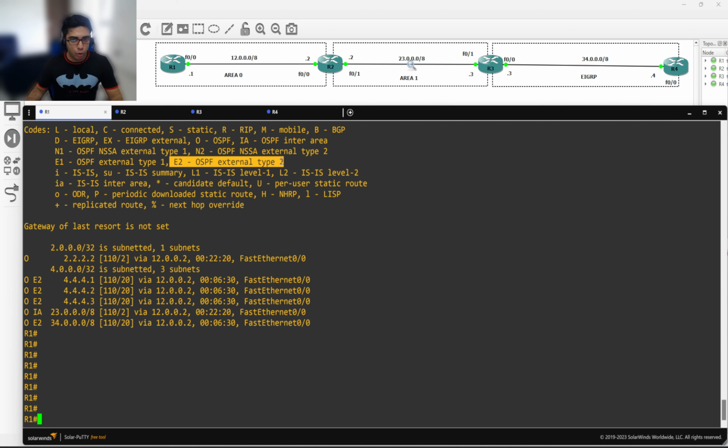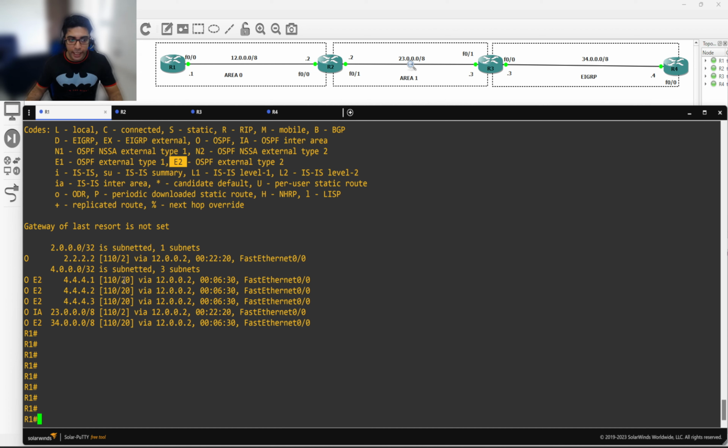It means that no matter how many areas or how many hops or how many routers the network crosses, the external E2 route cost is always going to be the same. R3 says that its cost to reach the EIGRP network is 20, and that 20 is forwarded across the whole OSPF network. And even R1 says its cost to reach the external network is 20. That is what E2 cost means.